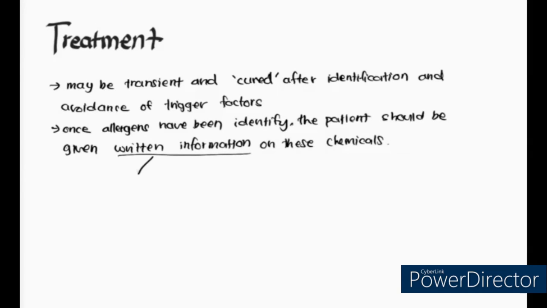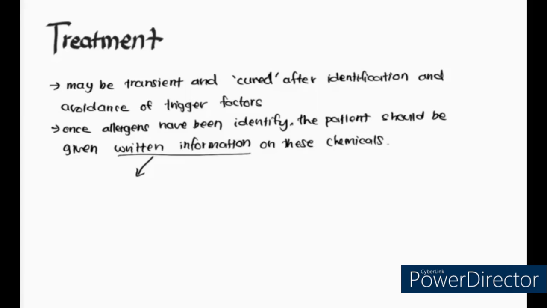Treatment primarily involves identification of the causative allergens. Exogenous eczema may be transient and cured after identification and avoidance of trigger factors. After identifying the substance, the most important step a physician takes is to educate the patient regarding the names of the allergens and how to avoid them.